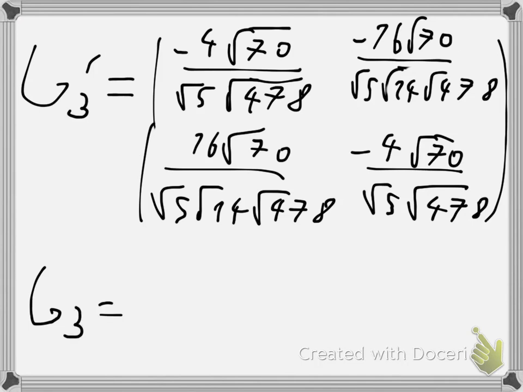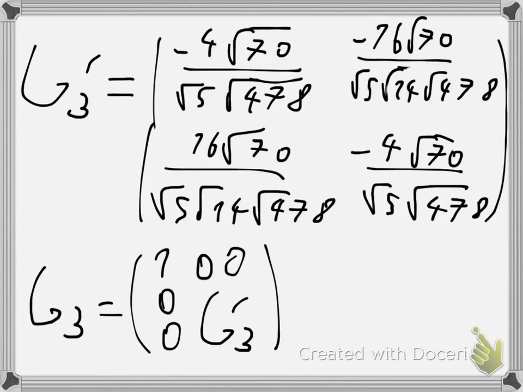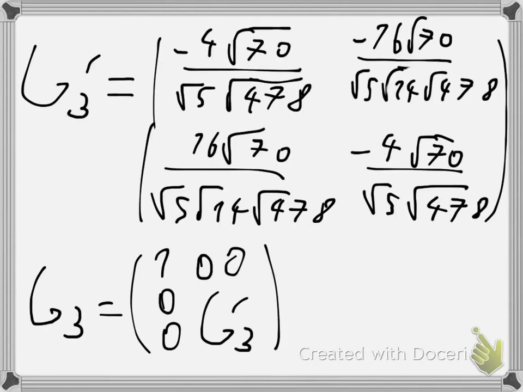J3 would be the same thing, except that you add a row with a 1 and 4 zeros. So I won't write it here again because it takes a bit of time. Okay. But now if you multiply it with A2, you should get, let's maybe take the entire place.